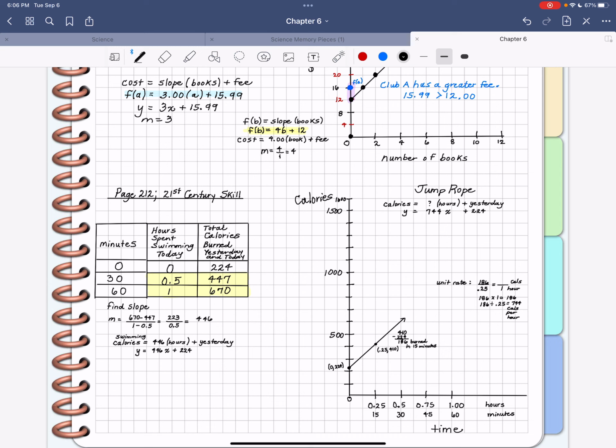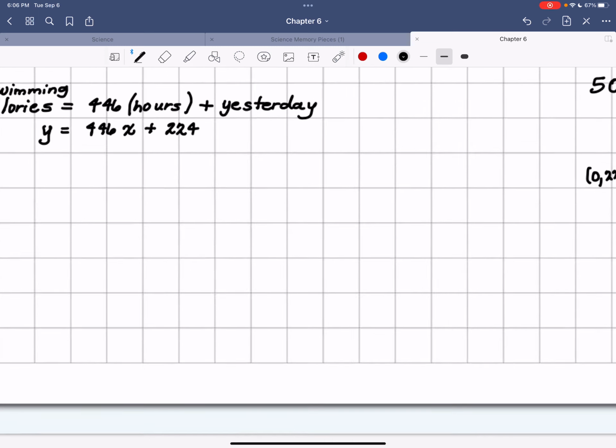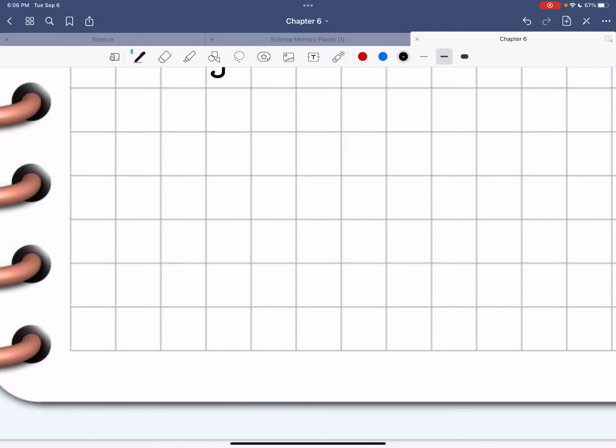Max wants to burn a total of at least 400 calories for yesterday and today. So let me try to block everything out of our field of view except this. He wants the total of yesterday and today to be greater than or equal to 400.